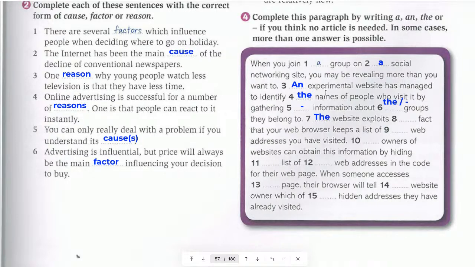Because this website we are talking about already, number 3, an experimental website. So the website here, that is that website, okay, that particular website. That's why we have to use the word "the" here. Okay, that's not the first time anymore. The website exploits what?